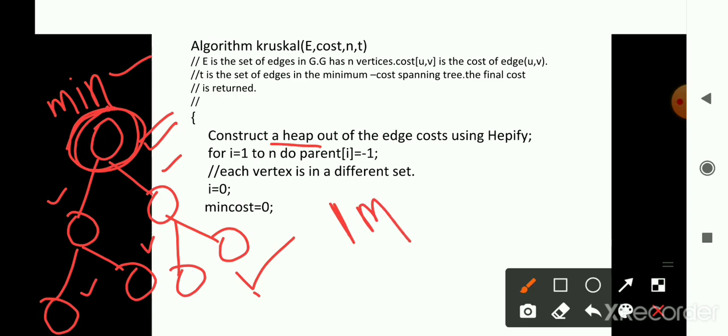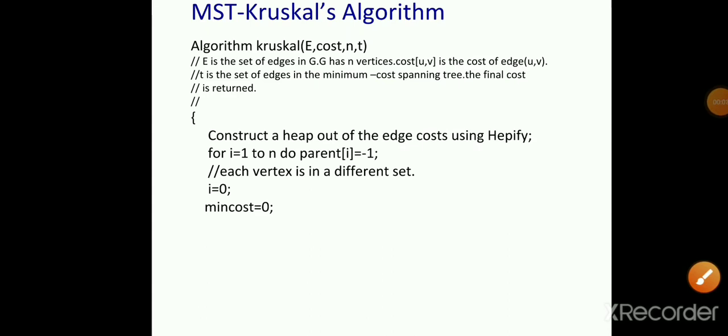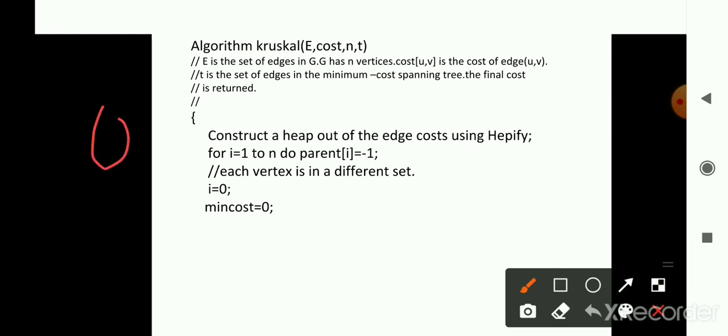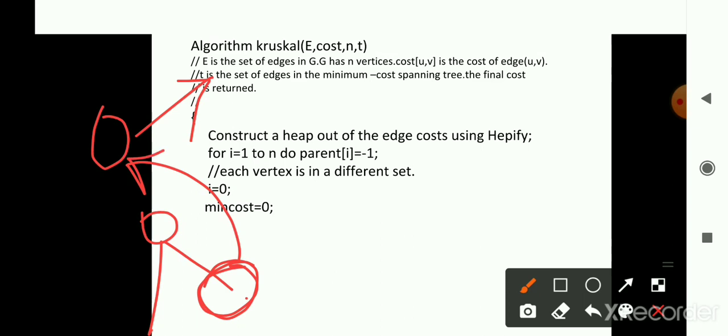After that, when we remove this particular root from the heap, we have to replace it. That is heapify: the actual root is removed from the heap, and it is replaced by the last vertex, the last value in the tree. That last value is placed at the root and then goes to its proper place in the tree.